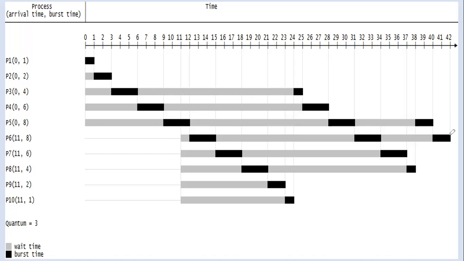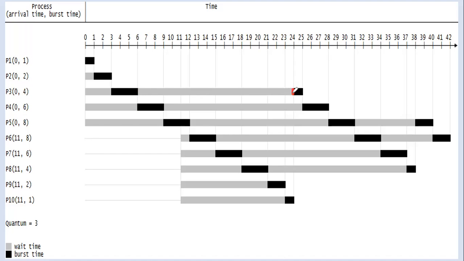Therefore, my dear students and the rest of the learners, you do the same. So if you want to know the amount of waiting time for each process, for example, waiting time for process P3, it will be this waiting time here from time 0 to 3 plus time 6 to 24.